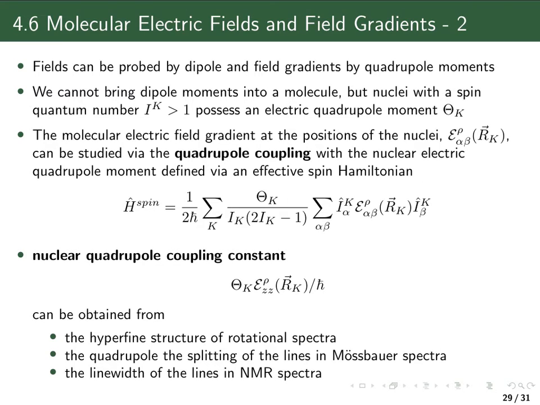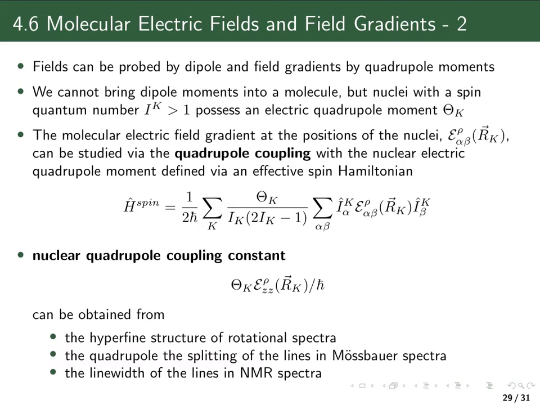So we could measure the value of an electric field at some position if we can bring a dipole moment at that position and measure then the change in the energy of that dipole moment. Now of course we cannot bring dipole moments or quadrupole moments in a molecule, so we have to use what is there. And so we only can measure those fields at the position of the nuclei.